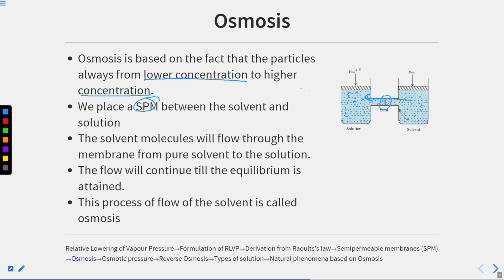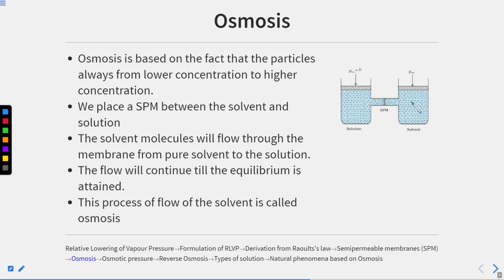To prevent the solute particles from moving from here to here or here to here, we have put an SPM which allows only solvent particles to move through, right? Now what will happen? We have taken a case such that we have only solvent in this compartment and we have solution in the other.